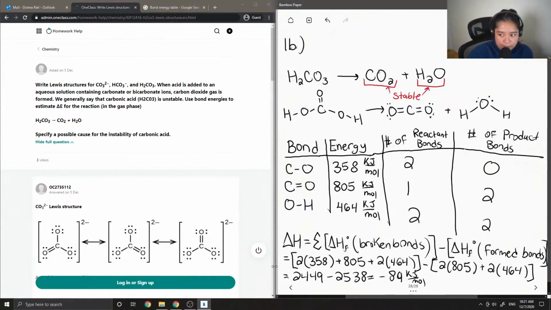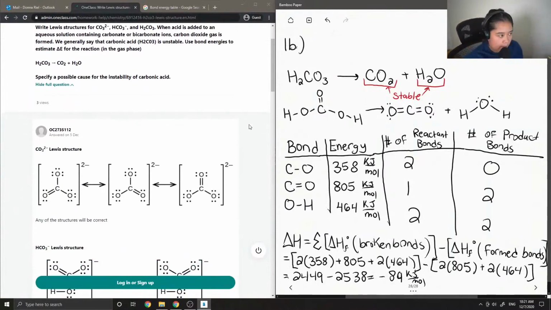So this might help us justify the fact that carbonic acid is unstable, because once it forms carbon dioxide and water, since these 2 products are stable, it's not likely they're going to react again to form carbonic acid. This might be a reason why carbonic acid is unstable.